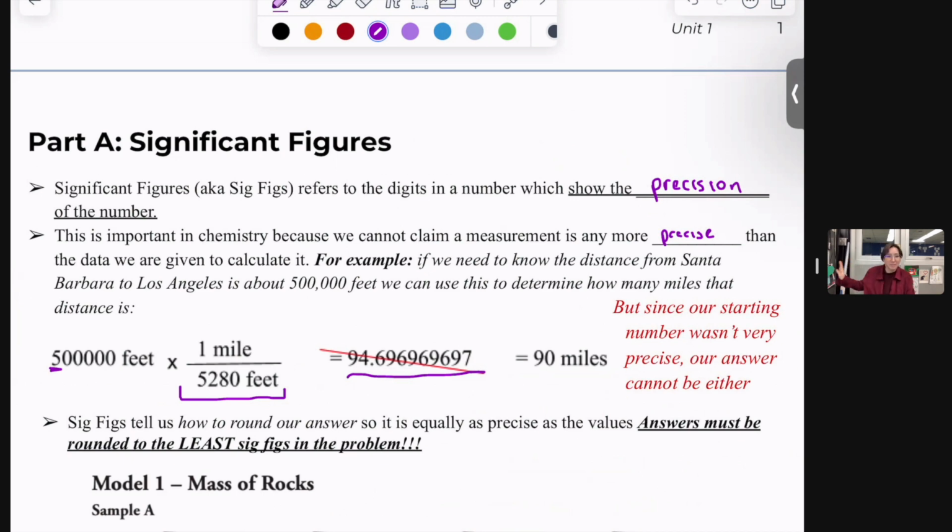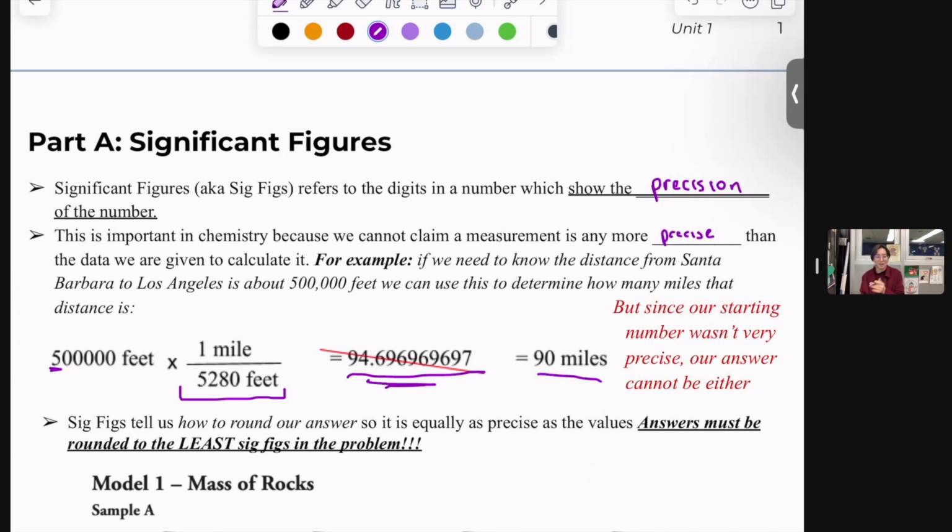So if what I started with wasn't precise, I can't report this as my answer, because I don't actually know that it's exactly 49.69 miles. I would instead report it as 90 miles. Not very precise beginning number, not very precise ending number.